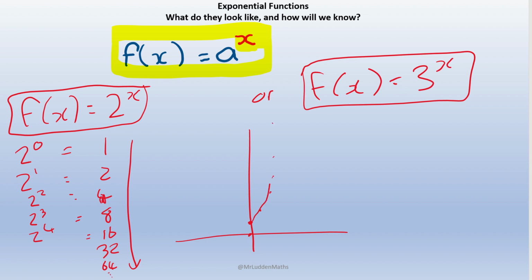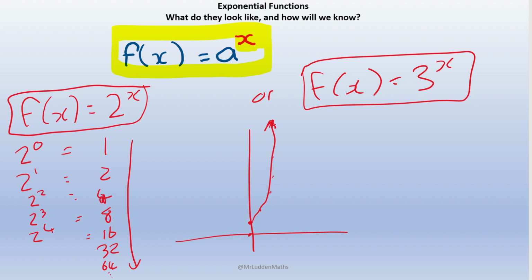My graph would end up going up really, really quickly. And I'm only doing this as a rough guide. We will be looking more into these in our graphing functions video next. But I just want to give you an idea of what it might look like.